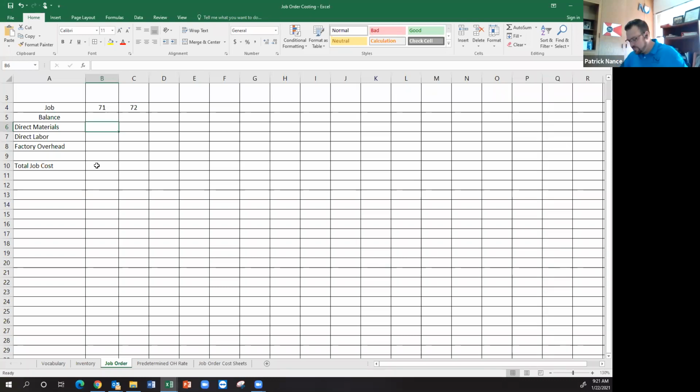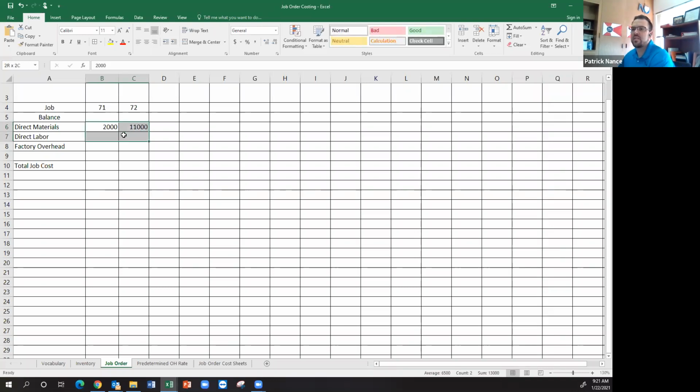So for example, let's say that I am building guitars and I've got job 71 and job 72. If I have materials requisition forms, job 71 requisitions $2,000 worth of materials, and it would go under job 71, and job 72 requisitions $11,000 worth of materials.